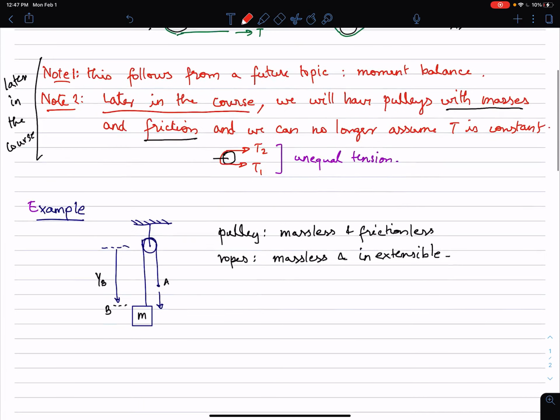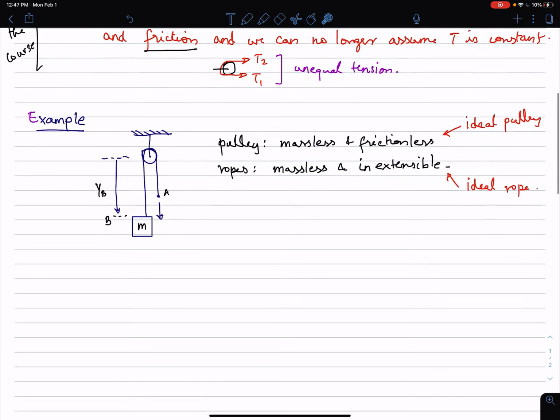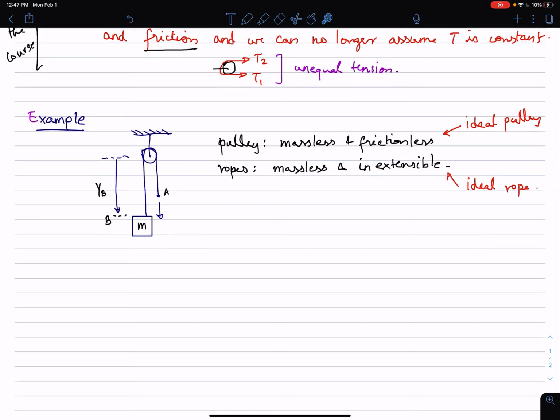Okay, so that's what we mean. So this is called an ideal pulley, and this would be called an ideal rope. In other words, it satisfies a certain ideal. Okay, so those are the given things.